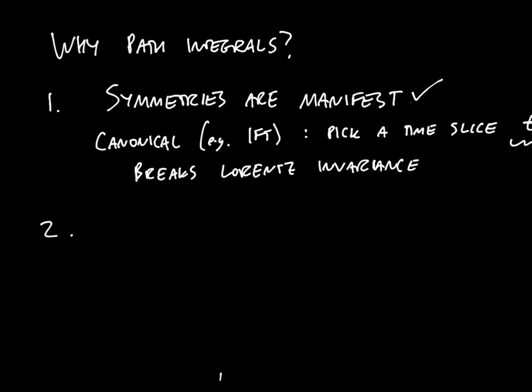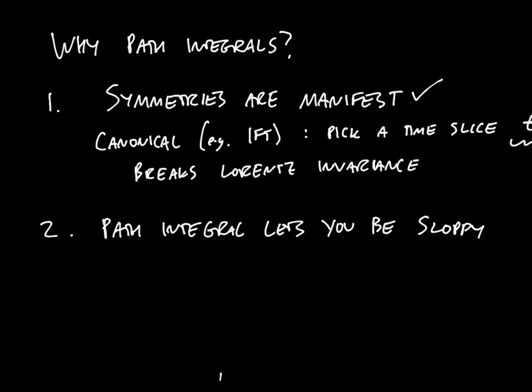There's a bit more of a secret reason, and the secret reason is that the path integral makes gauge fields easier, and the reason why is that it lets you be a bit more sloppy about subtle issues like, what is the Hilbert space really?